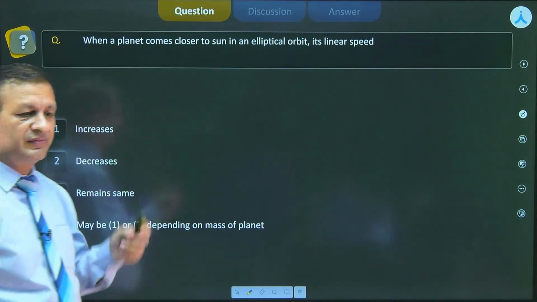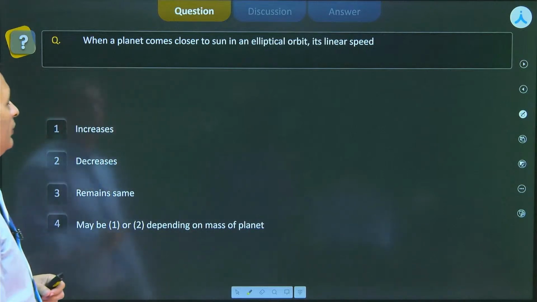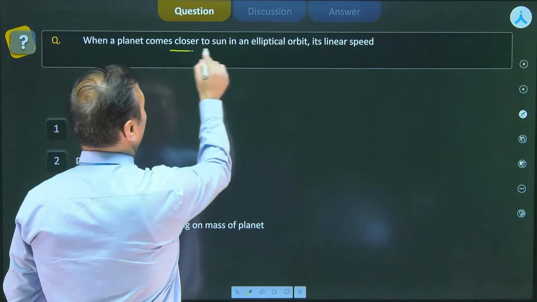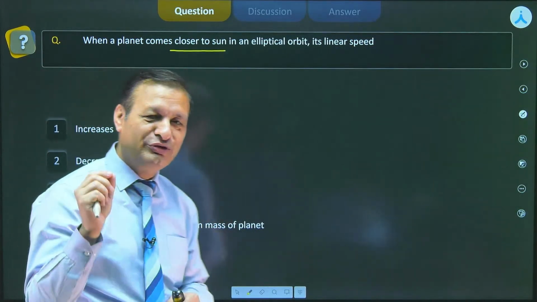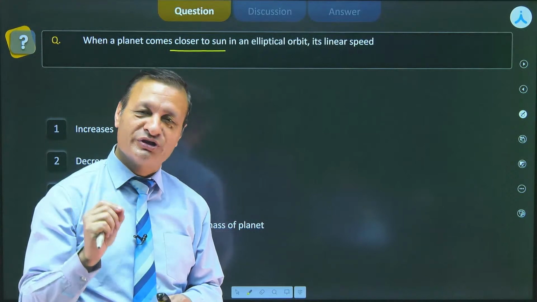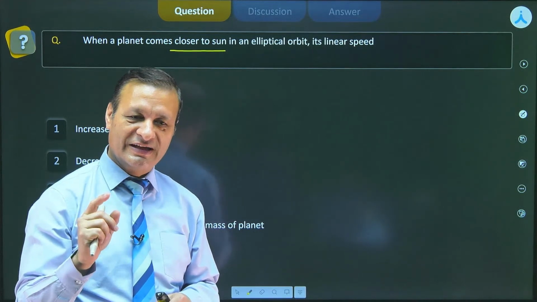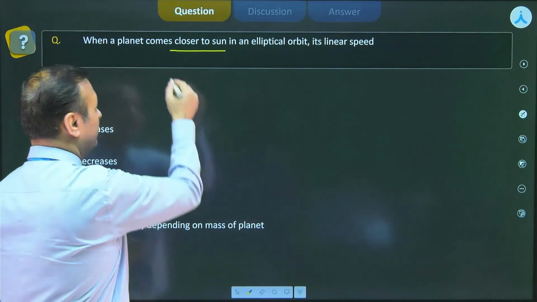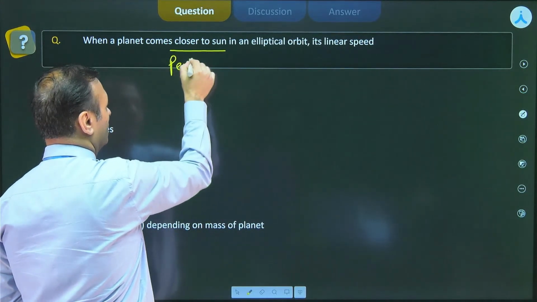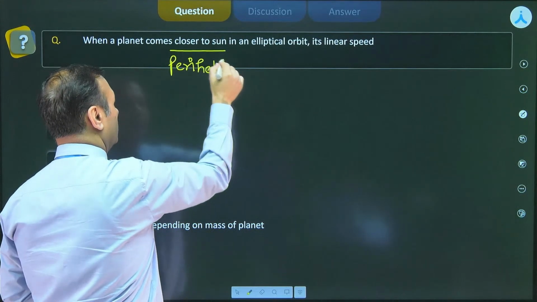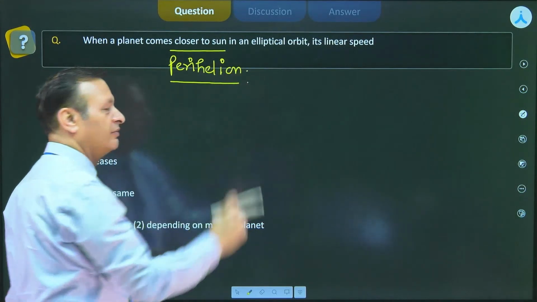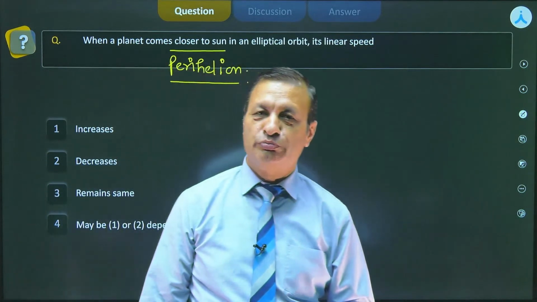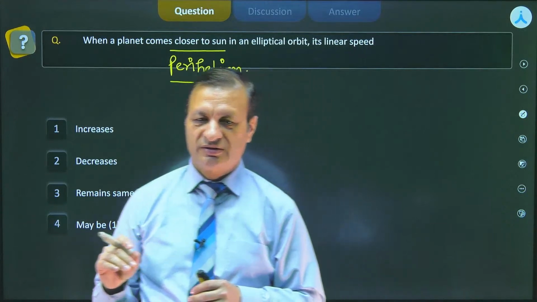Fine. Find another. When a planet comes closer to Sun, can you name the position when it is closer to Sun? Can anyone participate? Perihelion position. Sometimes there is a challenge for students to memorize these two words clearly.